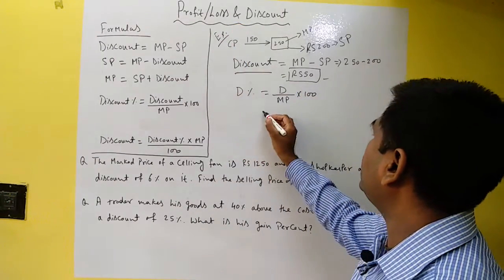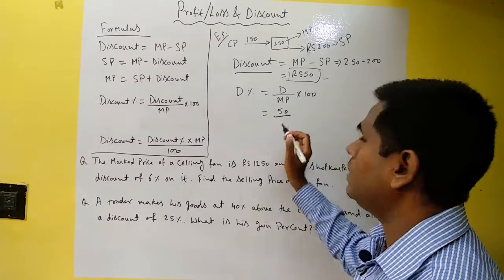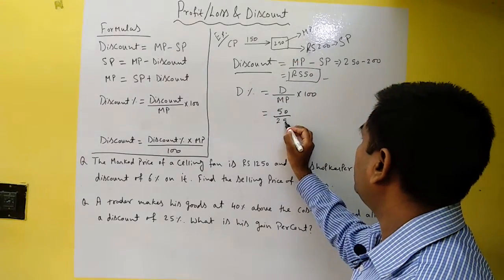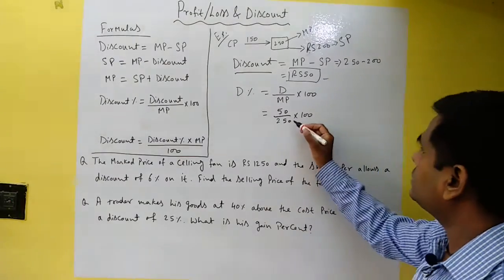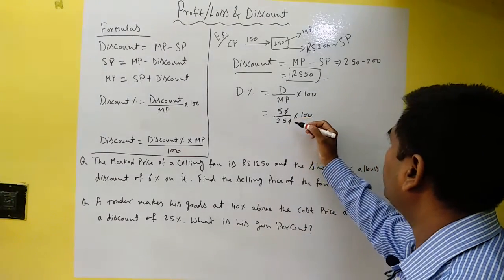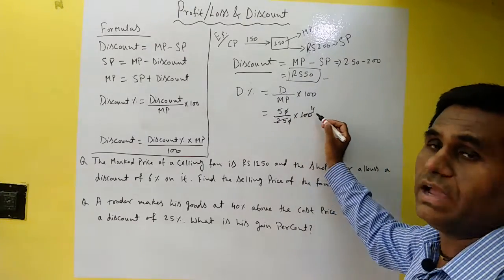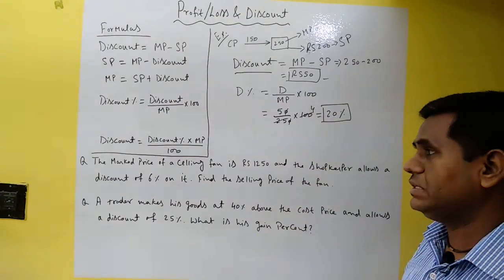Discount percentage is equal to discount, rupees 50, upon marked price 250, multiplied with 100. So the zeros will go, and 25 fours are 100, and 5 fours are 20. So 20% is the discount.